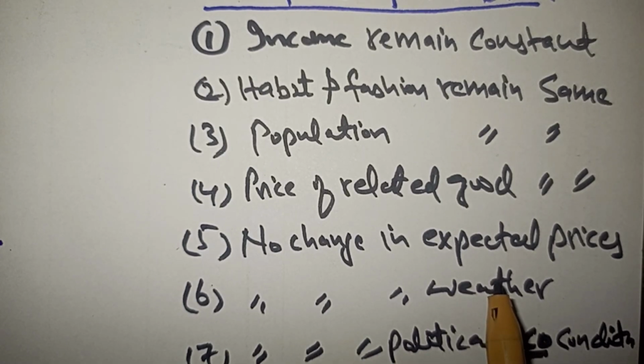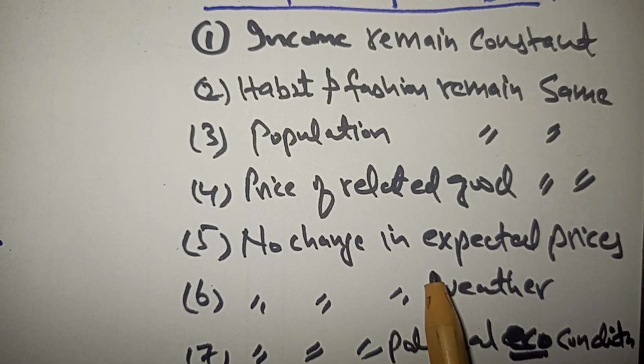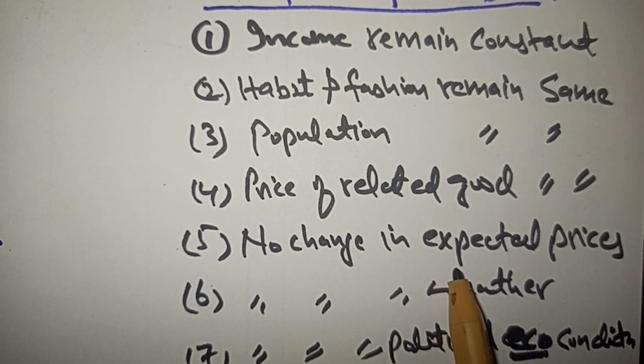If there is a rumor in the country that the prices of sugar will increase in a few days, consumer demand increases at the current price of sugar. So, to keep the law of demand valid, the future expected prices must not change.